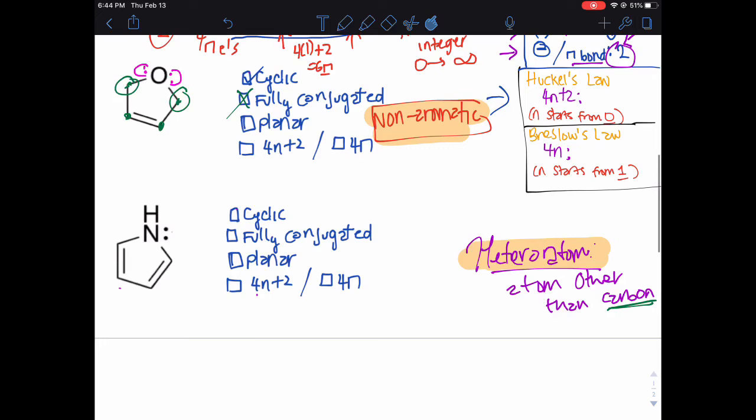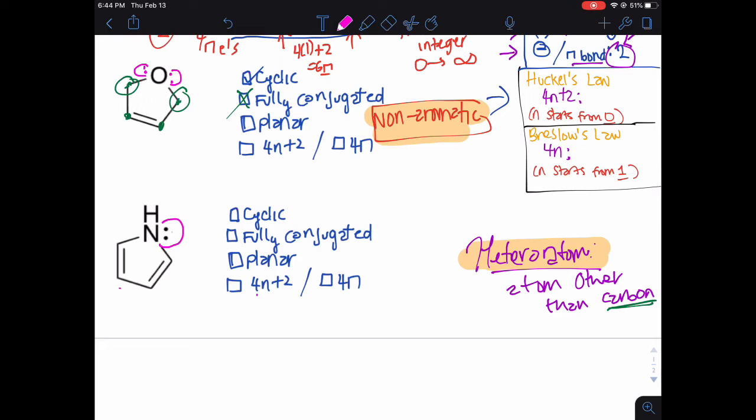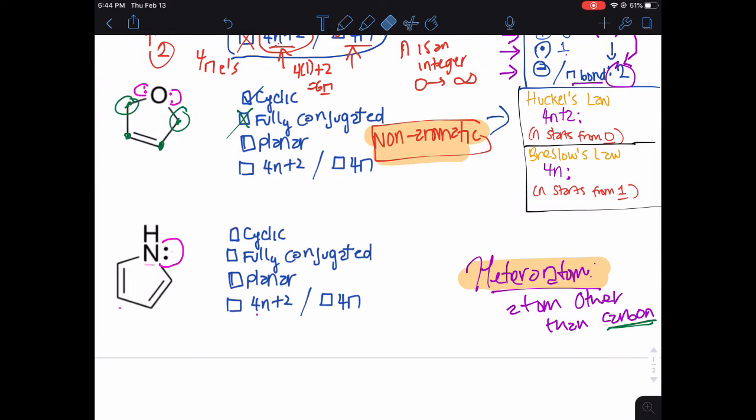Okay, let's see the third case. In this third compound, we have nitrogen. Nitrogen has a lone pair, and also nitrogen is a heteroatom, just like oxygen. A heteroatom is an atom other than carbon. Since nitrogen is a heteroatom, there's another rule that we'll discuss as we go on. First, let's determine, is this structure cyclic? Yes, it is. Is it fully conjugated? Let's see.